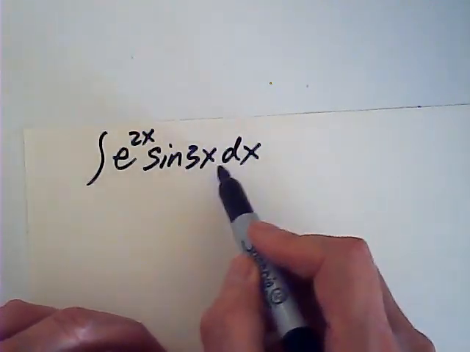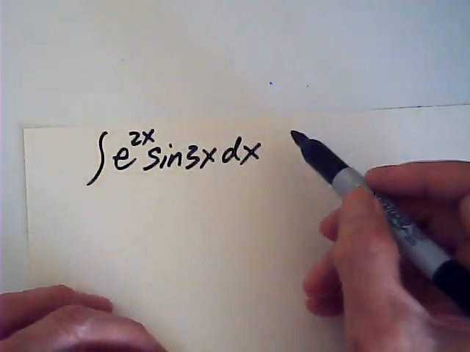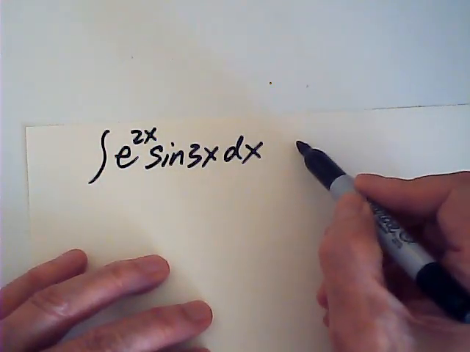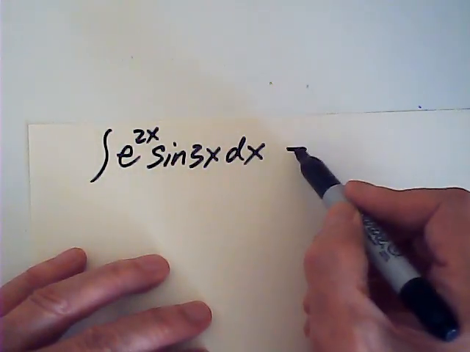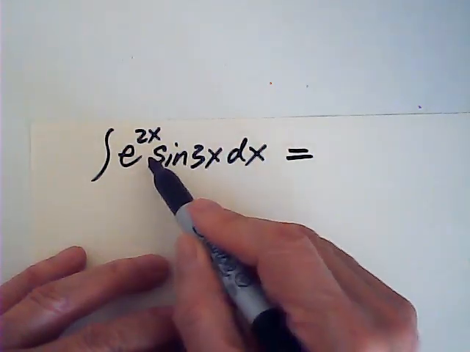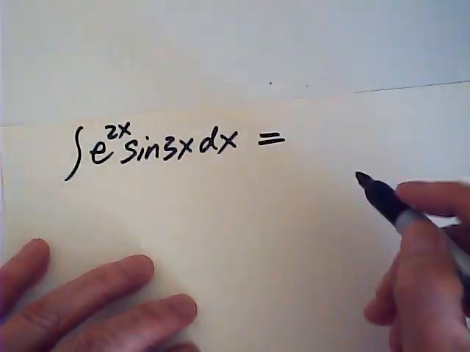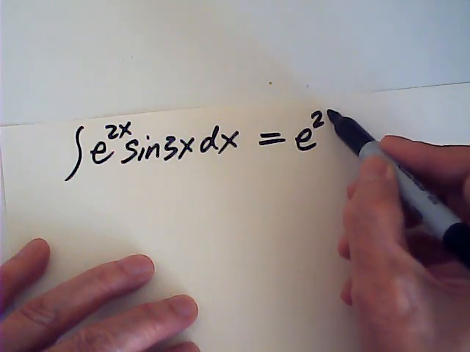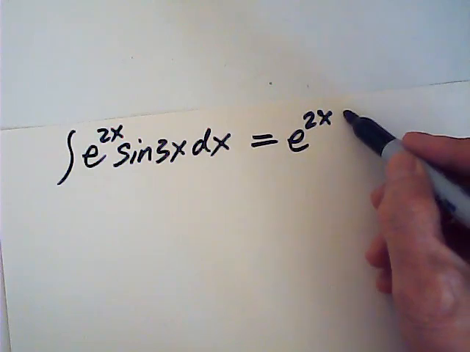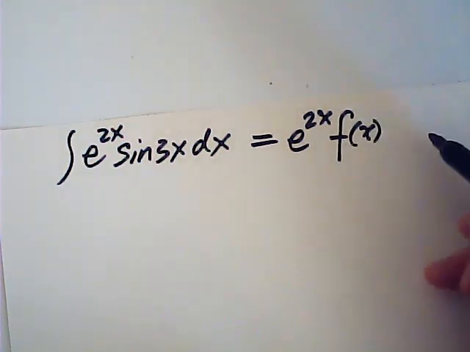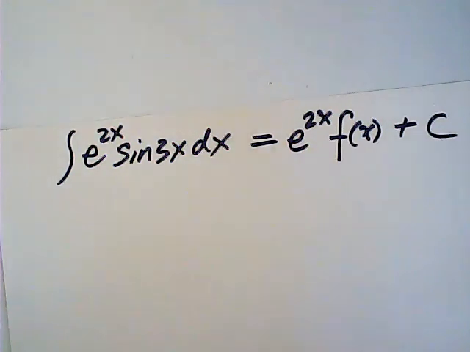Our integrand has an exponential, therefore our antiderivative must contain the same exponential function, which is e to the 2x multiplied by another function, which is called f of x.